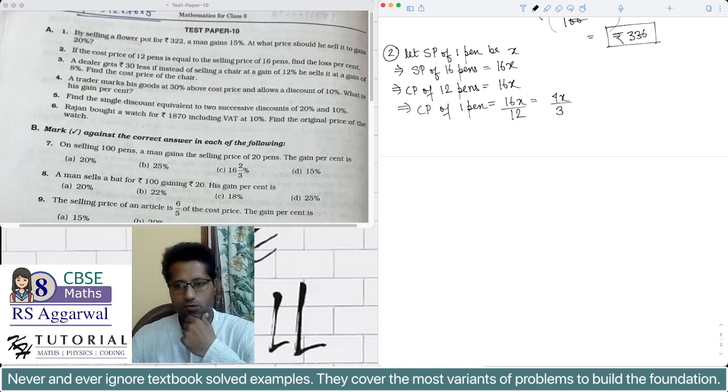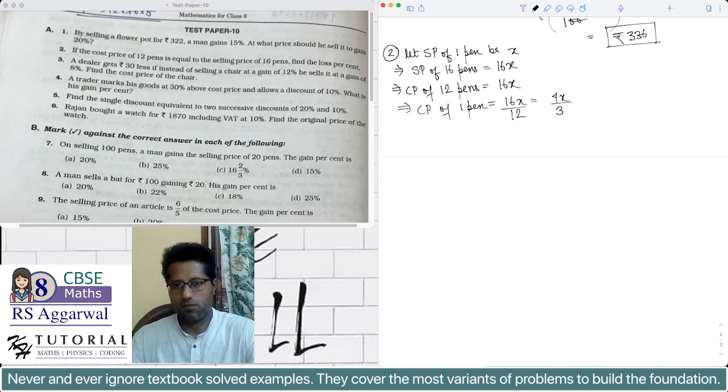You only have to consider the equal number of articles for the cost price and the selling price. So to find the loss percent, let's find it based on the cost price and selling price of one pen.